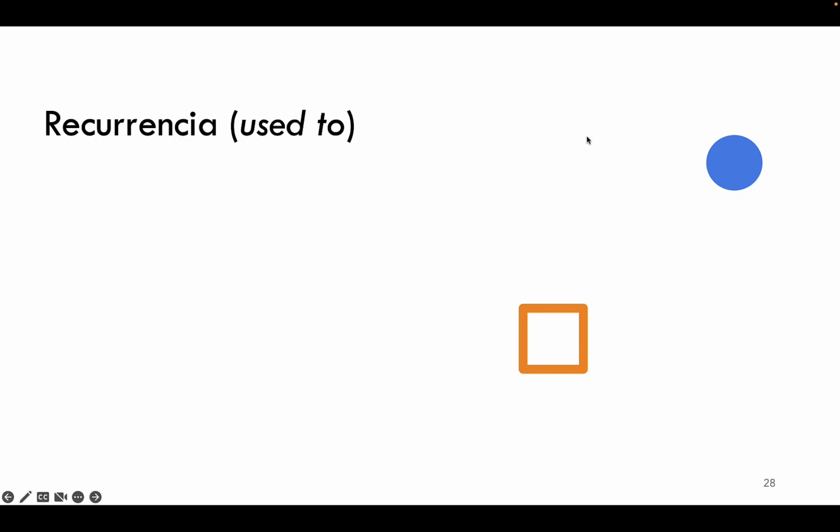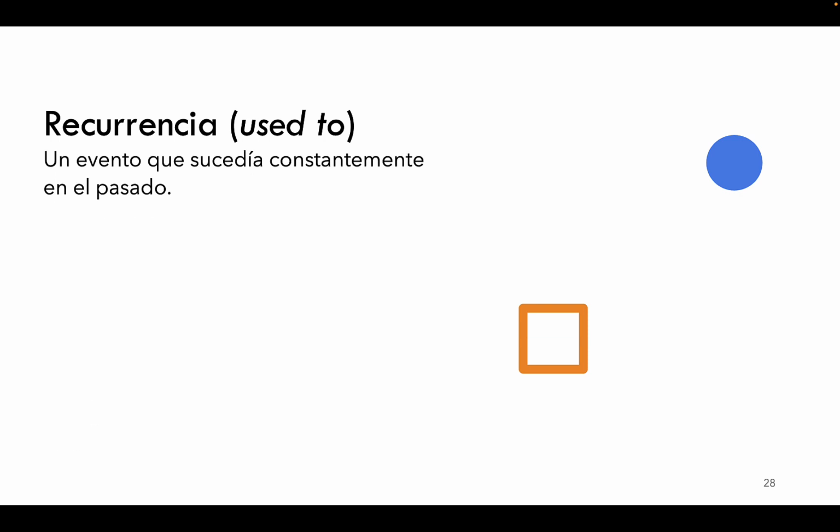Hablemos entonces del caso número 1 o punto número 1, la recurrencia, aquel que es equivalente en inglés a used to. Muy bien, lo vamos a utilizar cuando nos referimos a un evento que sucedía constantemente en el pasado. Así tendríamos este ejemplo. En la secundaria hablaba con mis amigos todas las tardes.